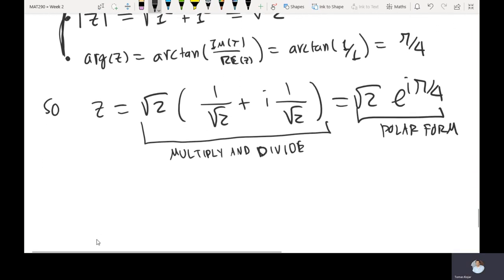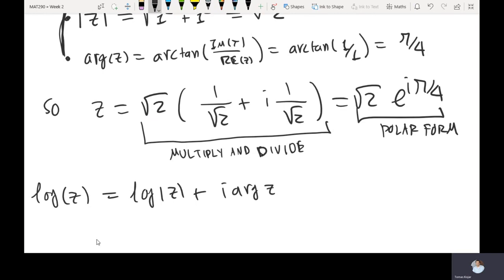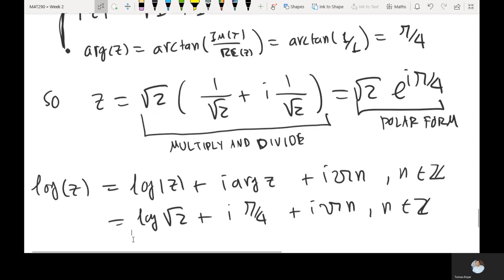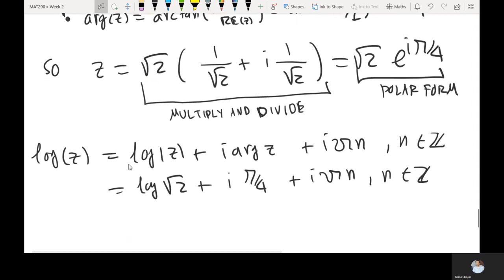So the punchline is that log of z is equal to log modulus plus i argument, so log of square root 2 plus i of pi over 4 plus i 2 pi n. Okay, good.